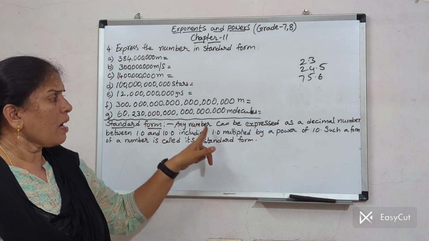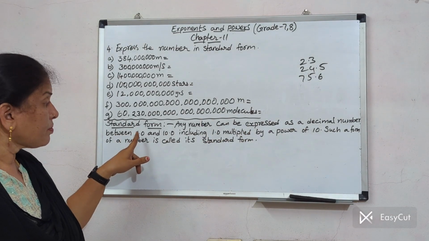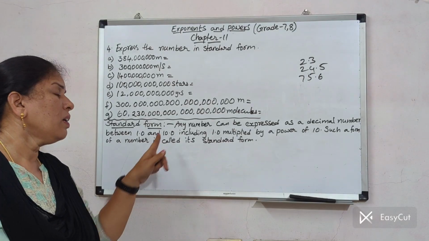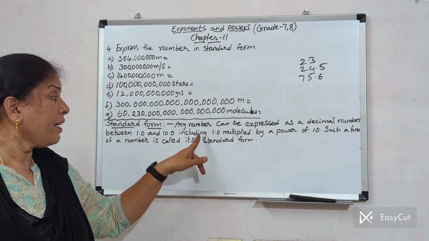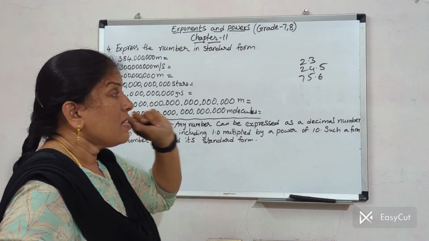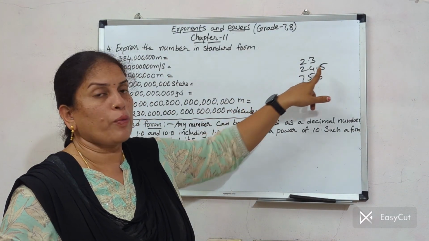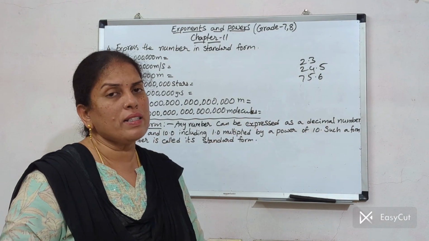Okay. Any number can be expressed as a decimal number between 1.0 and 10.0, including 1.0, multiplied by a power of 10. See here, these are the decimals I told: 2.3, 24.3, 75.6.